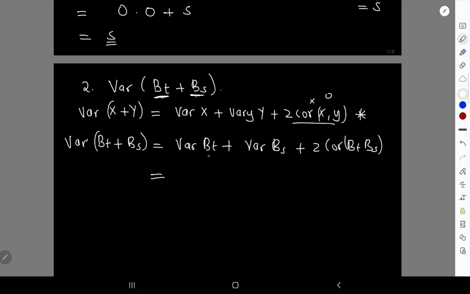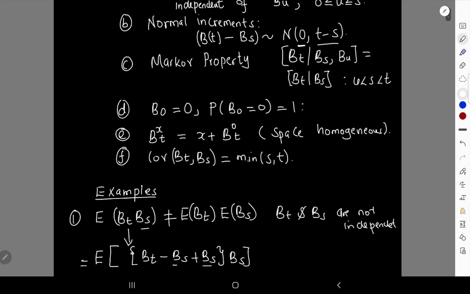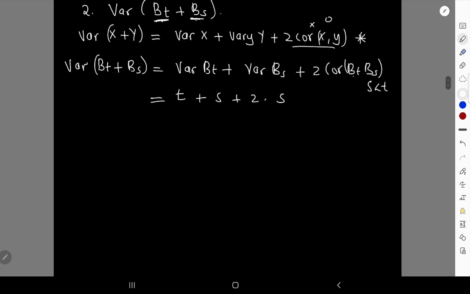We know from properties of Brownian motion, variance of B_T is T, variance of B_S is S, and the covariance of B_T and B_S is S, because S is smaller than T, and the covariance is given by the minimum of S and T. So this would be T plus S plus 2S, which is T plus 3S.